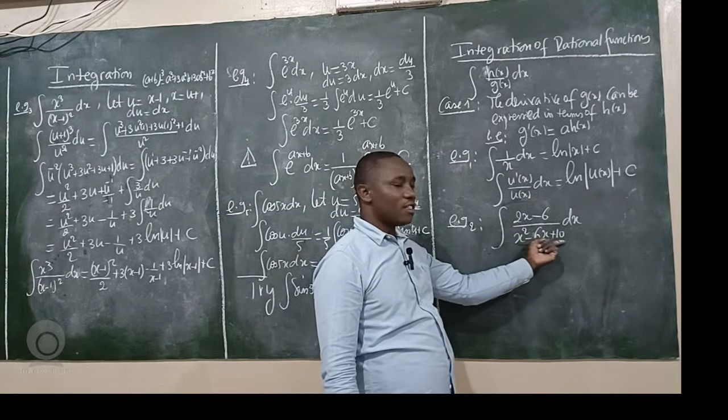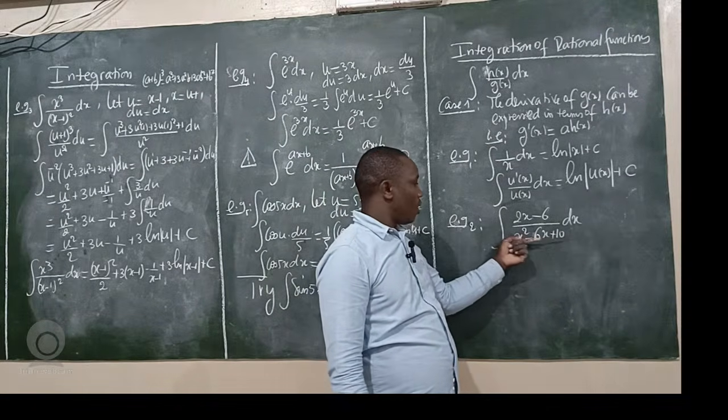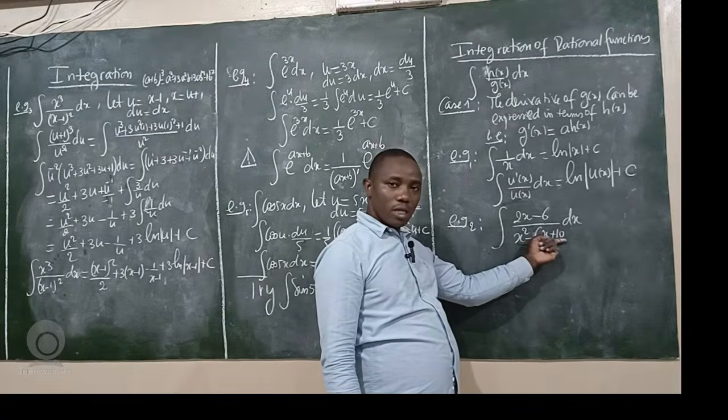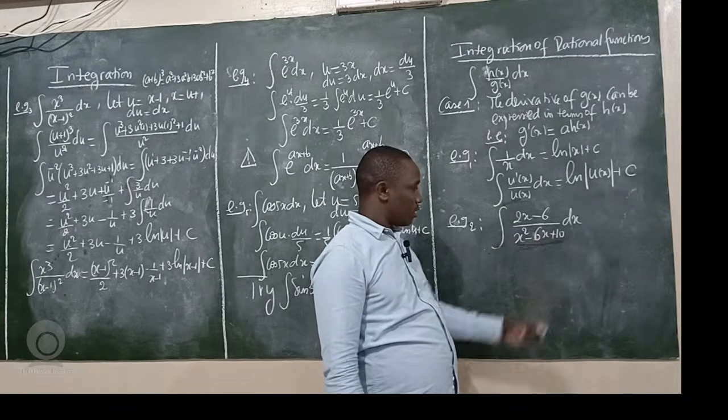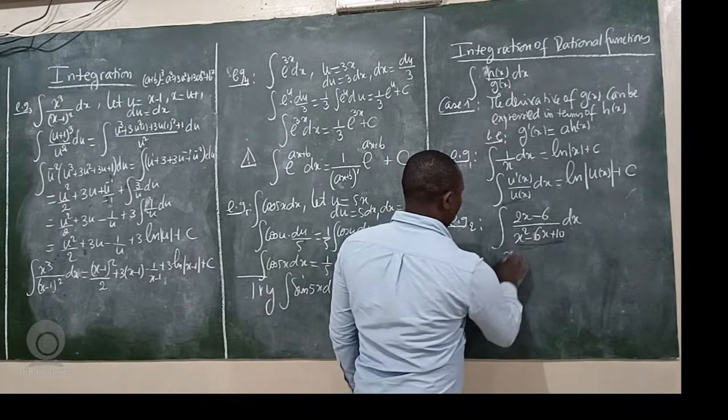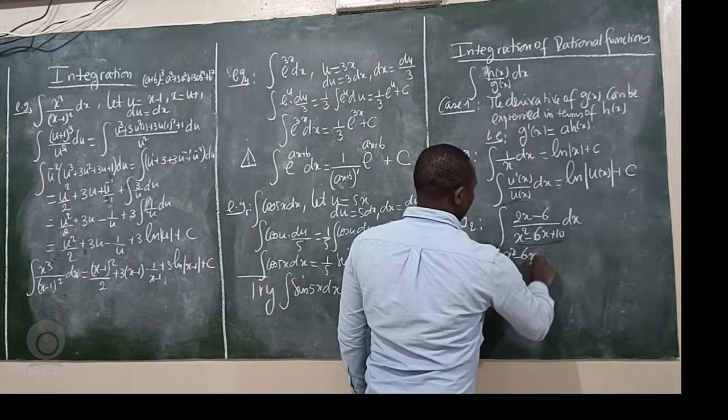Look at this denominator. What is the derivative of this denominator, the derivative of x squared minus 6x plus 10?